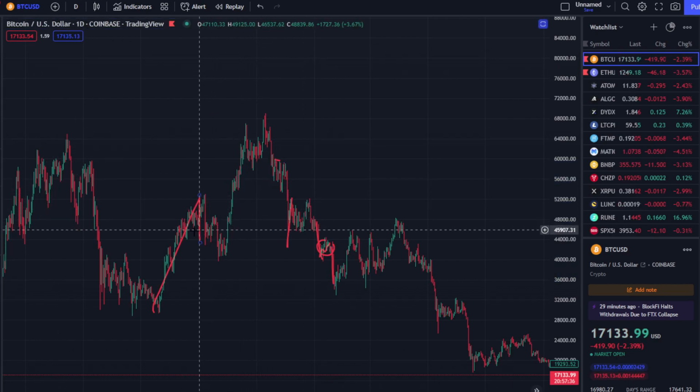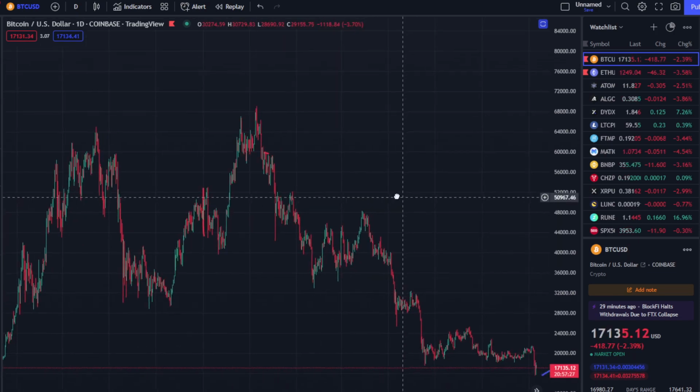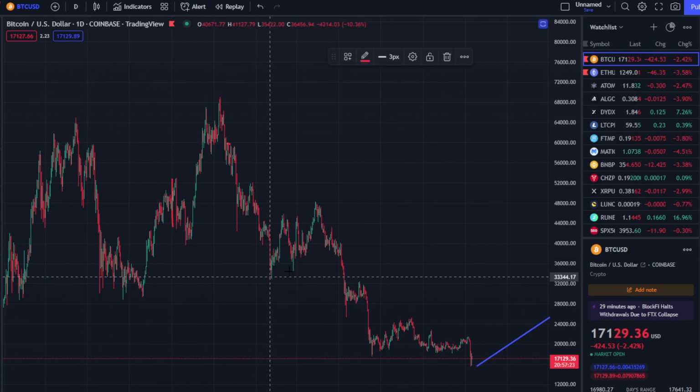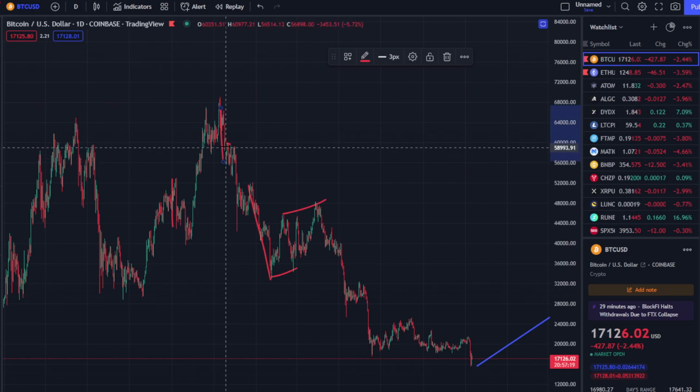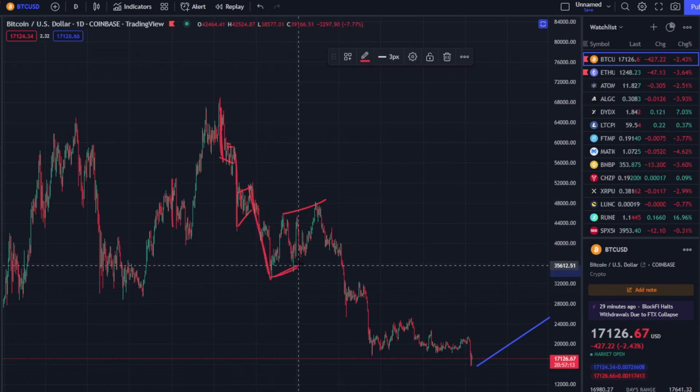So we now can see clearly that moves happen with impulse and correction, and we get to know a little bit more about the correction. So from that point, we knew that this was a correction for that impulse. This was a correction for that impulse probably, then another impulse, another correction, then another impulse, and a bigger correction.